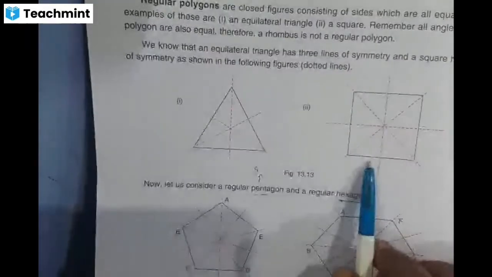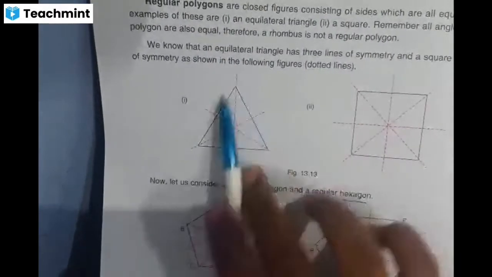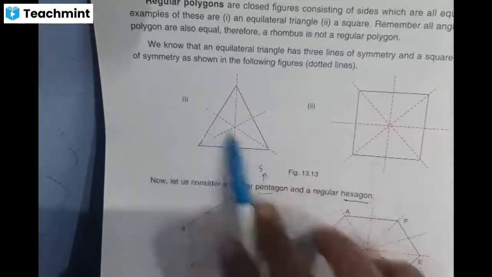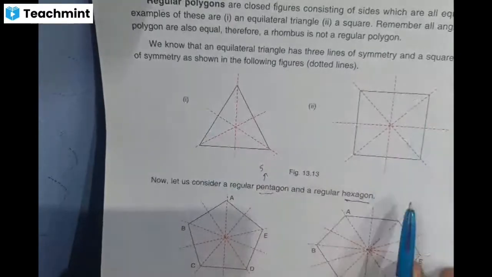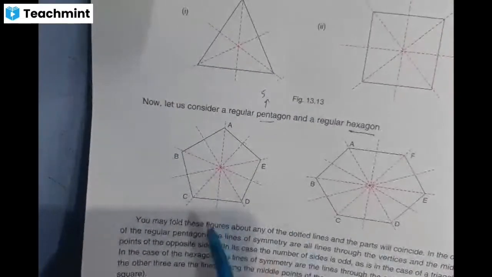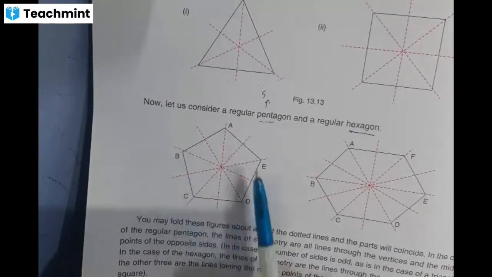What about the square? We get 4 lines of symmetry. 3 equal sides, 3 lines of symmetry. 4 equal sides, 4 lines of symmetry. Here also, the regular pentagon has 5 equal sides.